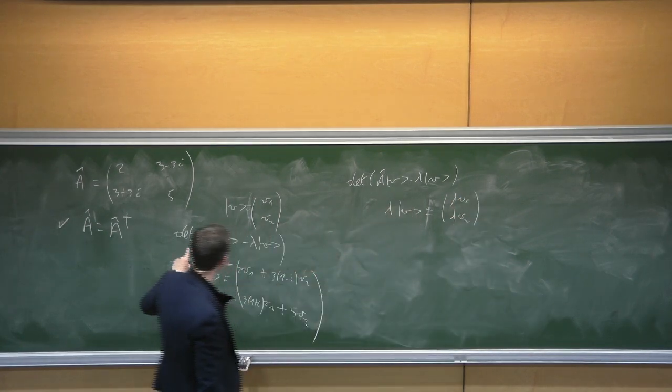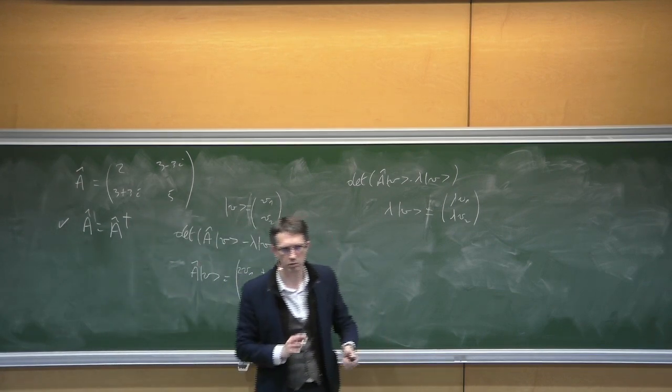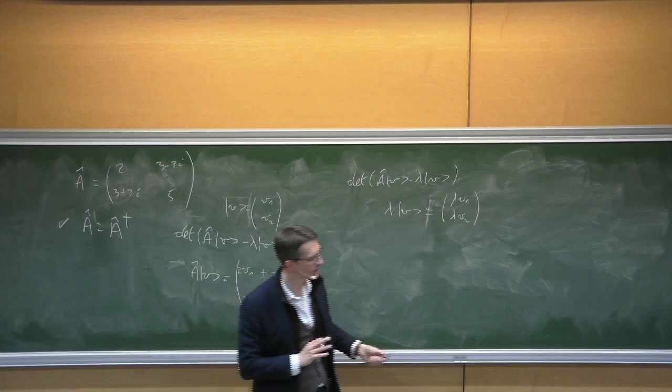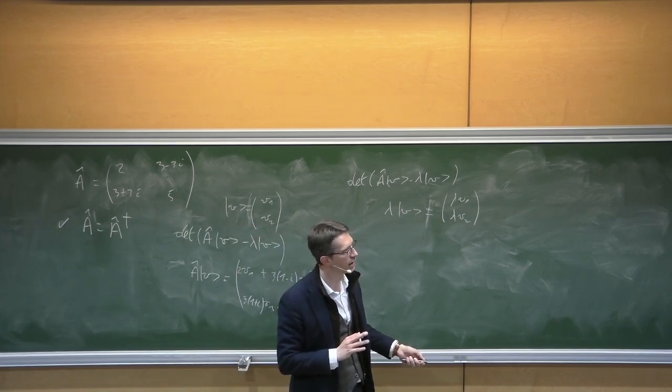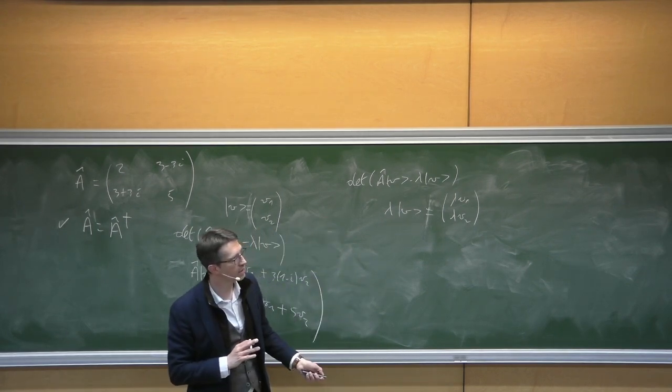So if I calculate the determinant of this minus this, then I can show, I'll let you do this, that you're going to find two eigenvalues. The two eigenvalues will be 8 and minus 1.